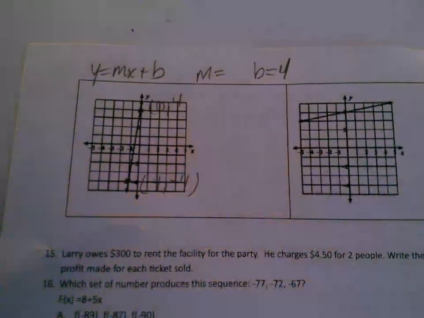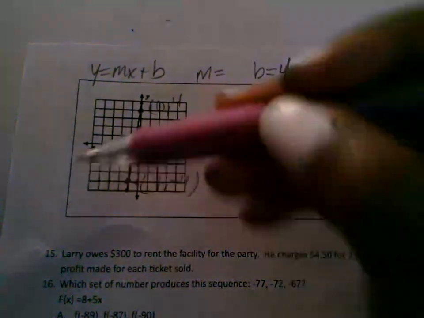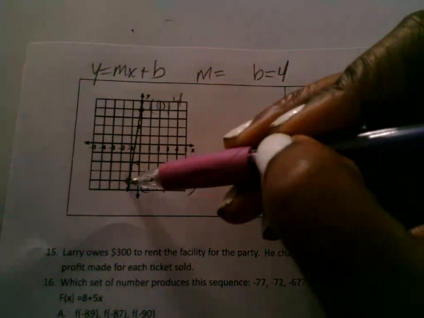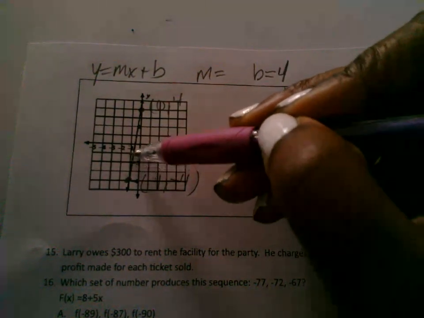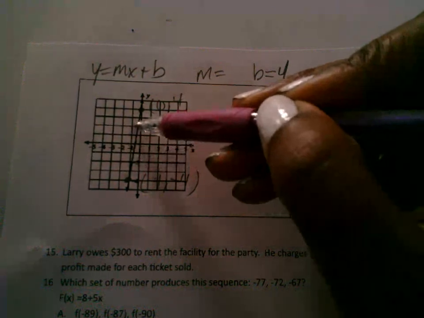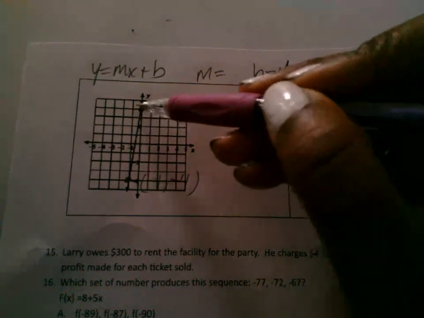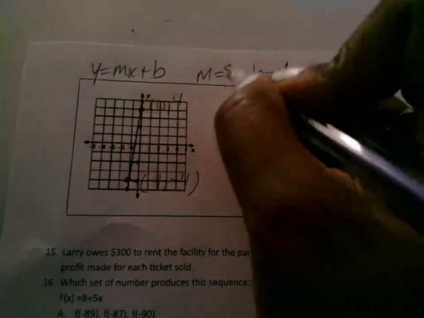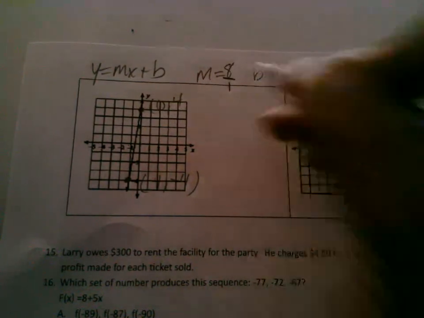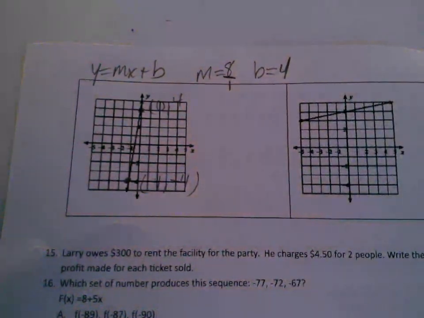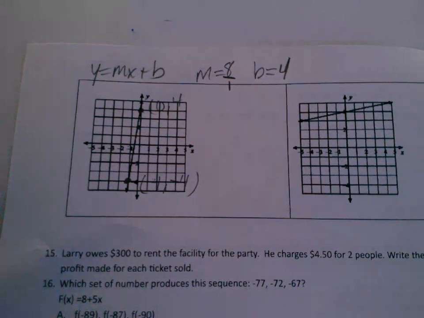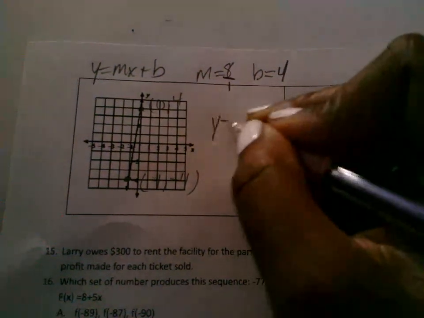All right, so we can count rise over run from there. So from this point to this point, you rise 1, 2, 3, 4, 5, 6, 7, 8, and over 1. So it's 8 over 1. So 8 over 1 is 8. So how would I write this as an equation? y equals 8x plus 4.